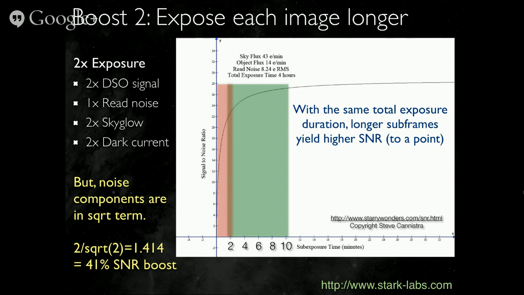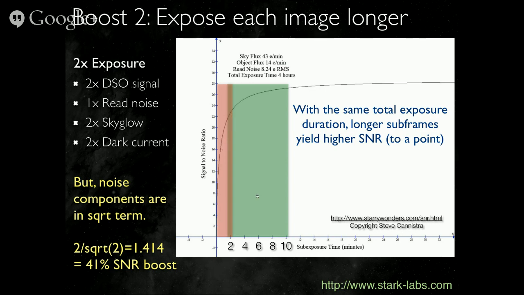So you can see here it's the same kind of curve. It's a mirror image of the previous one, but the same sort of shape, such that if you use very short exposures, your signal to noise is pretty poor. As you lengthen up to a minute, you've gotten much higher in your signal to noise. In this case, it's at a level of 18. You get up to 2 minutes, and now you're up at around 22 or so.